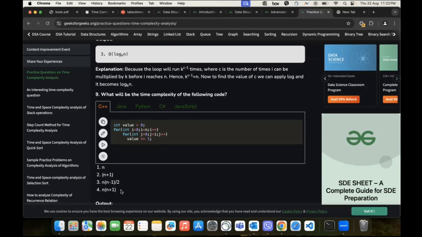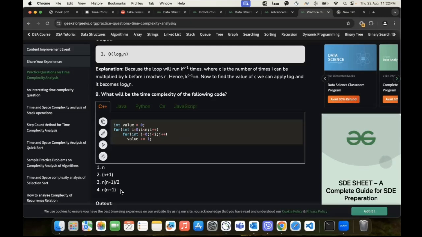For what value of i? For example, if I take 10 as n, for 0 it won't execute, and for 10 it will execute 9 times, no? It will not come to the inner loop. Correct. So if I take 10, it will execute only 8 times, no? 9 times.